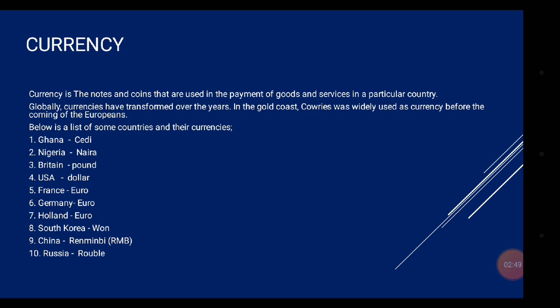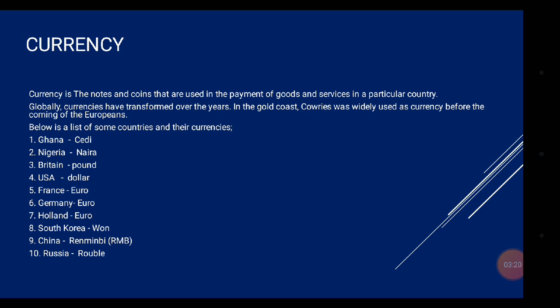At some point in time, there was a barter system of trade where people exchange goods for goods. So you bring pepper and take tomatoes. You bring onions and take okra. But today, the currency that is used in Ghana is the Ghana cedis and pesewas, which is the Ghanaian currency.